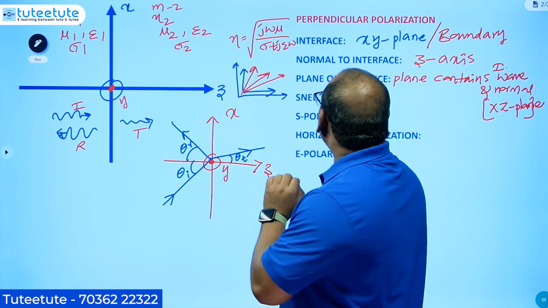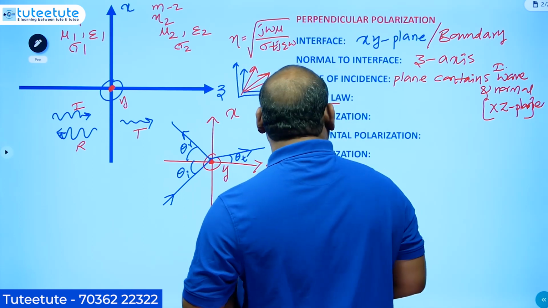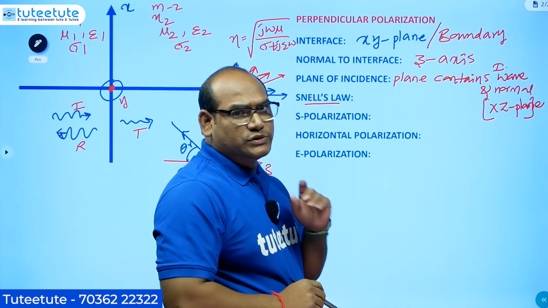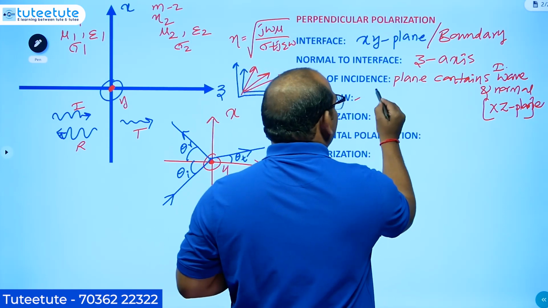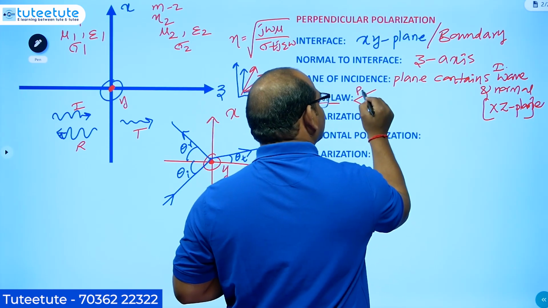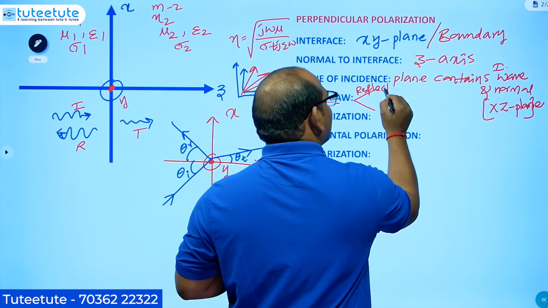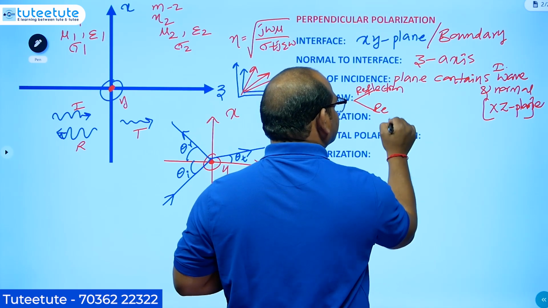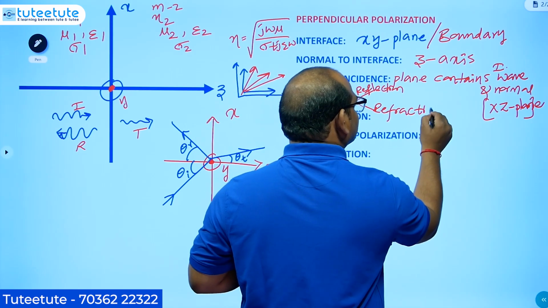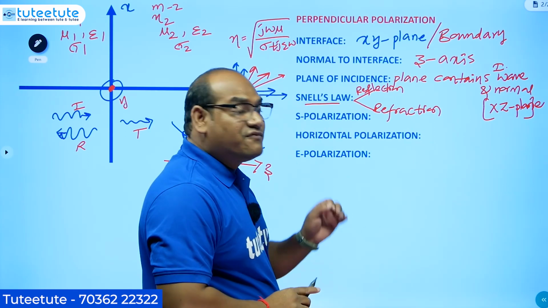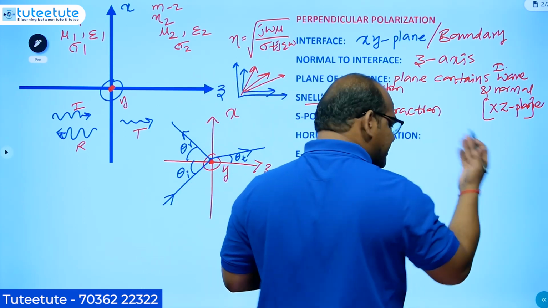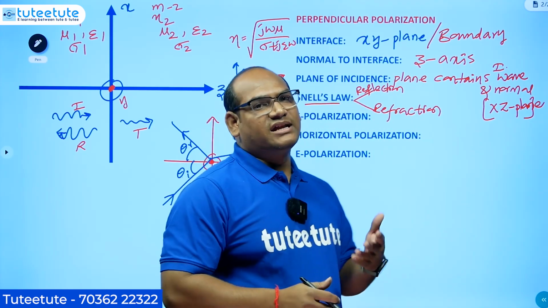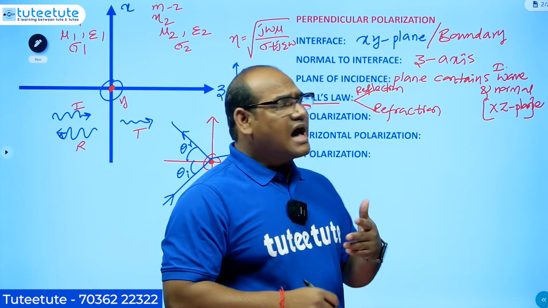Now we will define what Snell's law is. Snell's law has two things: Snell's law of reflection and Snell's law of refraction. Snell's law of reflection is simply the relation between the angle of incidence and the angle of reflection.